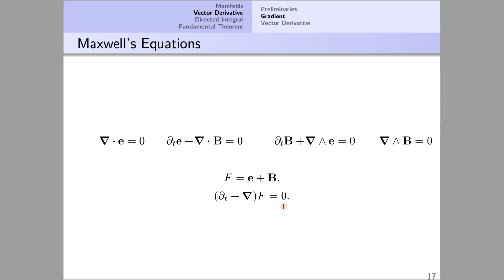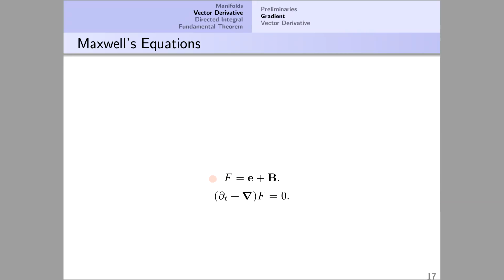And setting those four equal to 0 gives me exactly the four Maxwell's equations above. So we can get rid of those four, and we have this pair of equations.